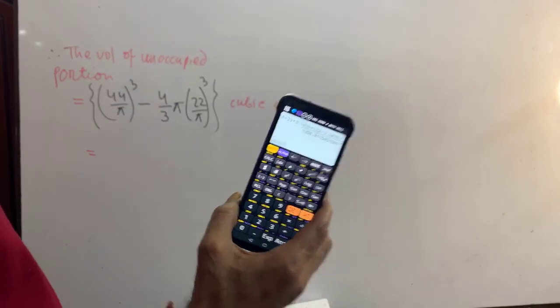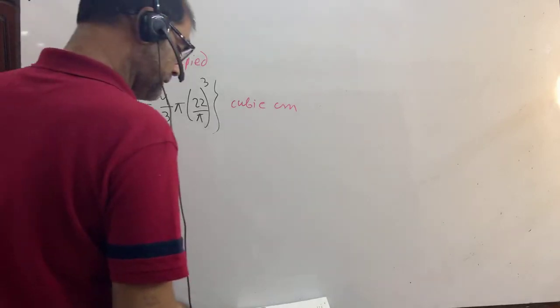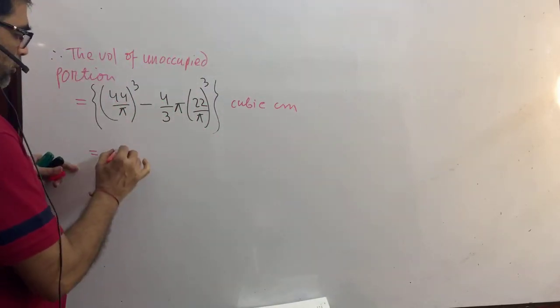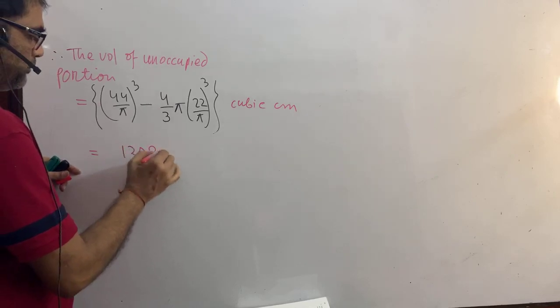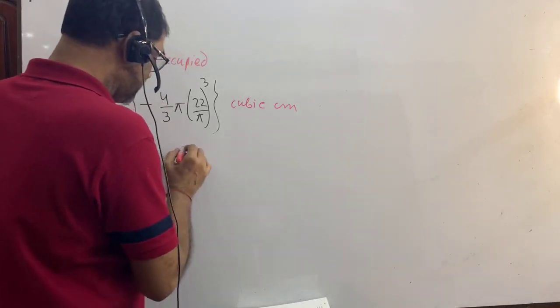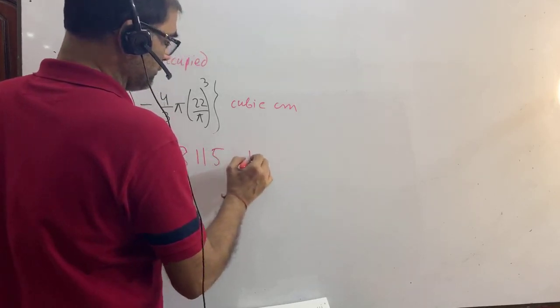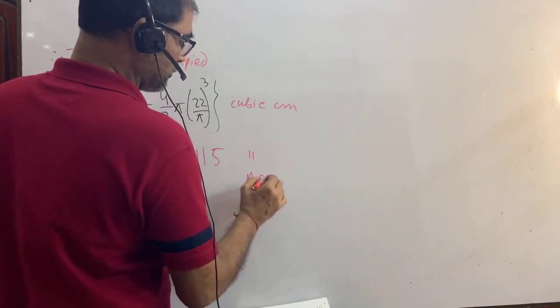Okay, we have got it. Write down 1308.8115 cubic centimeter approximately.